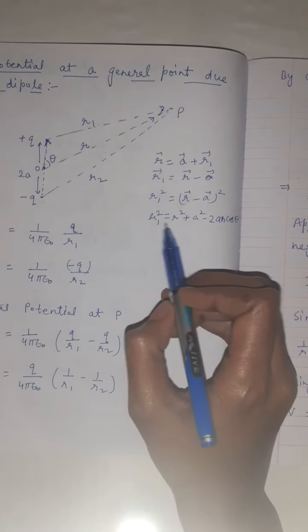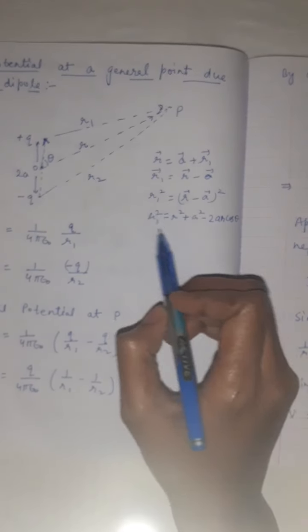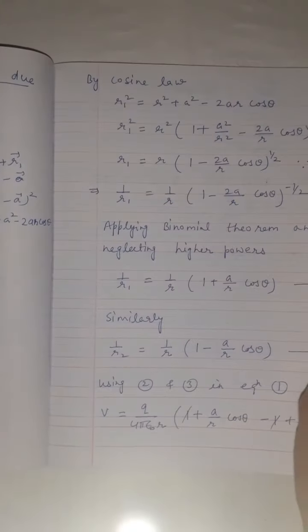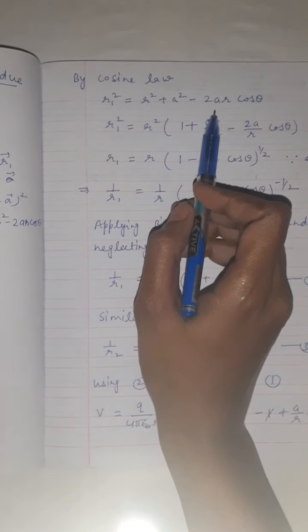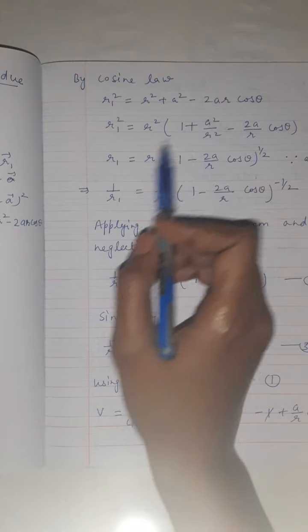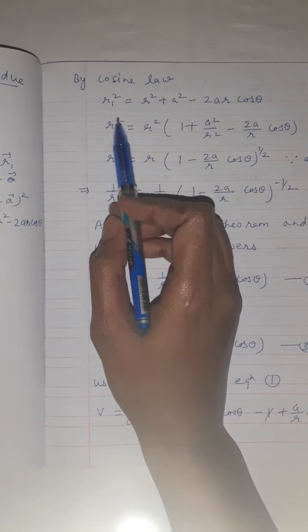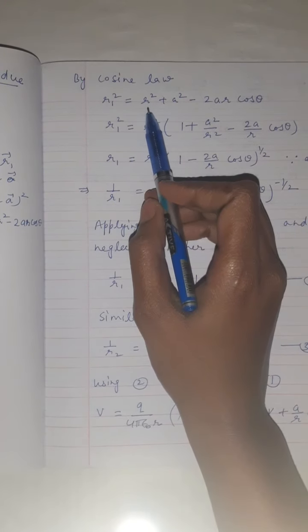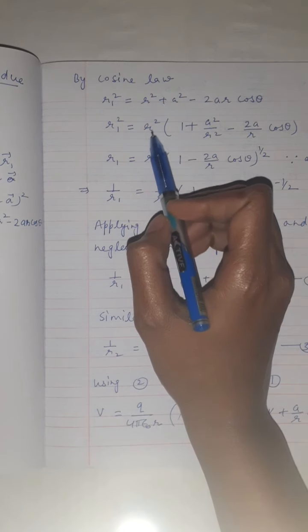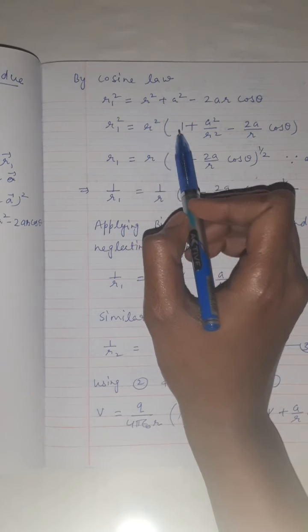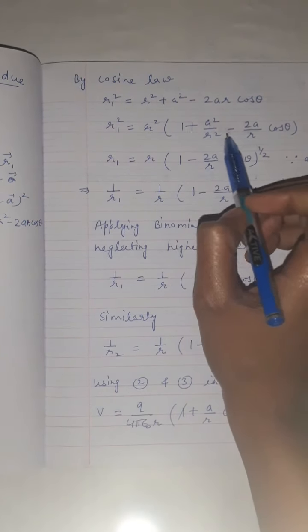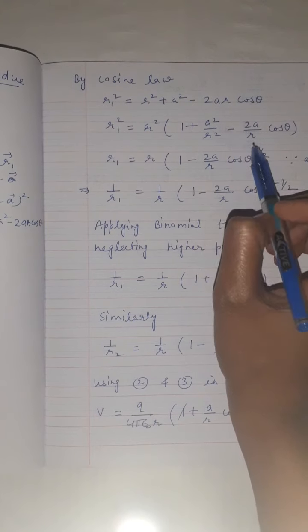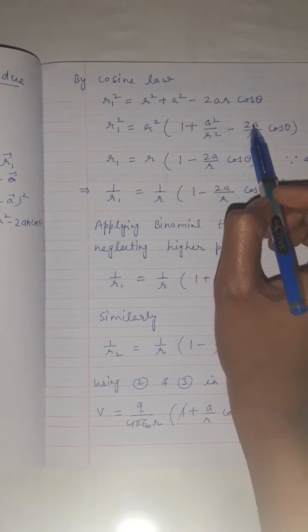So from this equation, we can write r1 square is equal to r square plus a square minus 2ar cos theta. We want to calculate r1 square, so we are taking r square as common: r square times (1 plus a square upon r square minus 2a upon r cos theta).